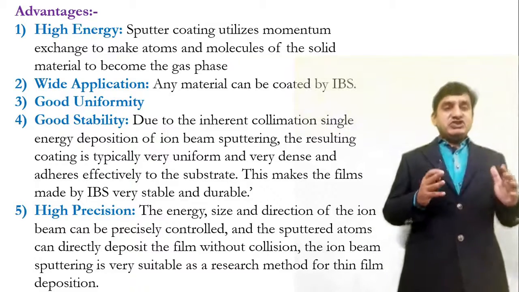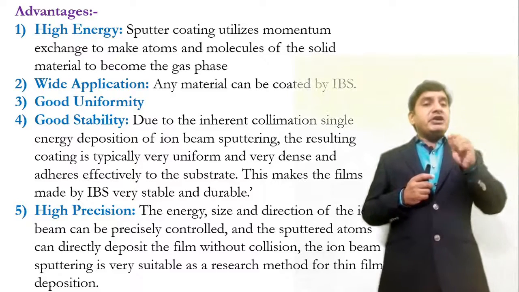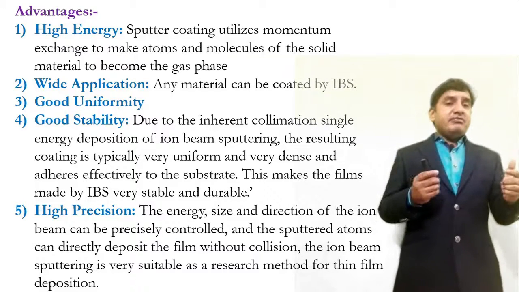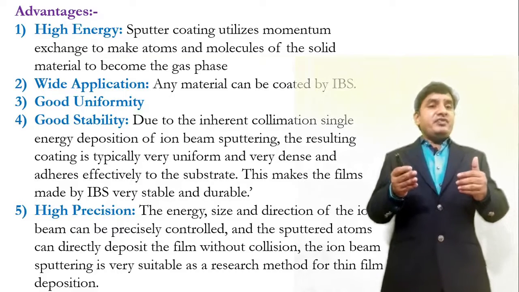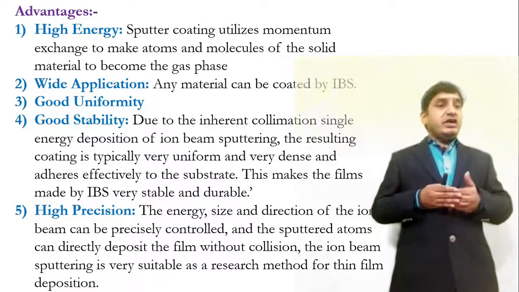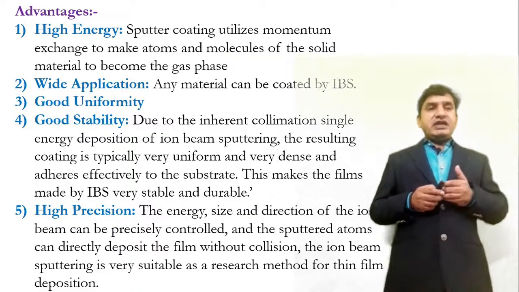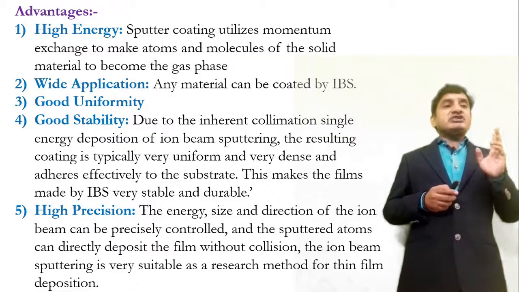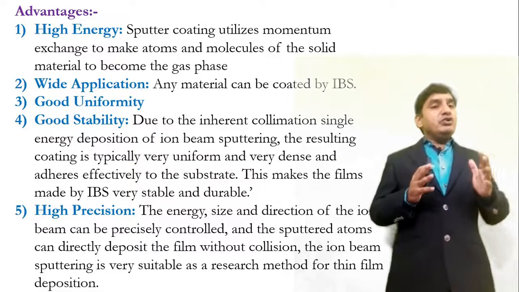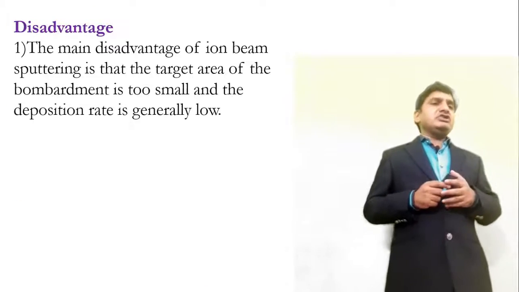So for high precision, a thin film produced at a particular accelerating voltage, if we prepare the same film after some time, will be uniform. So these are the advantages of this ion beam deposition technique: first is high energy, second wide application, any material can be coated by this method, then good uniformity, good stability and high precision. Now the disadvantages of this method.